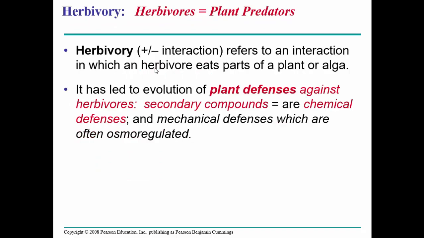Now the next relationship in the ecosystem we know as herbivory. Herbivory is very simple to understand: one animal eats a plant, as simple as that. Or we can use an easier term, plant predators, which is herbivore. Herbivory interaction is mostly about plant and herbivore.